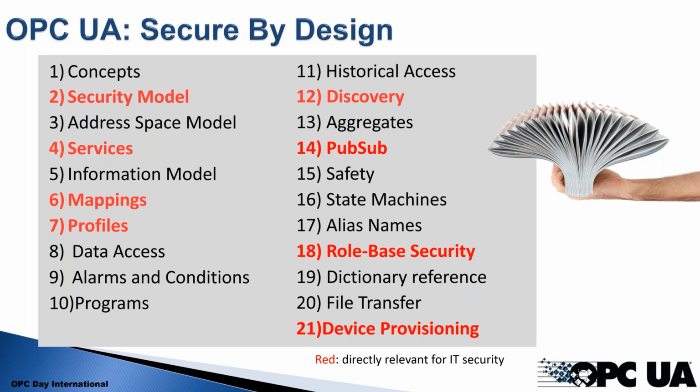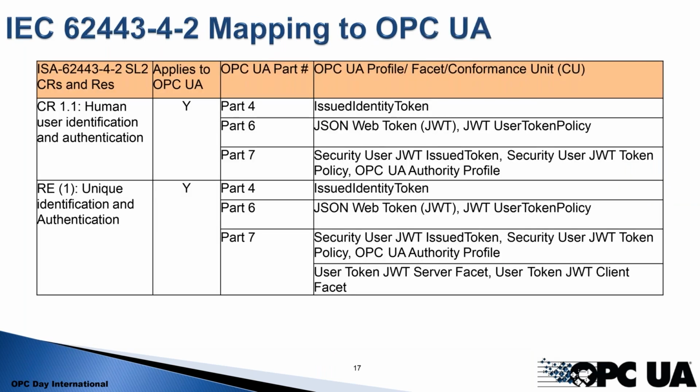There's a specification on discovery and how you handle discovery, which has security pieces. There's the pub-sub communications model, which also has security built in. We have role-based security, so its own specification for the information models related to assigning and managing role-based security. There's a new specification on device provisioning. So all of these specifications have security-related information. So what did we do?